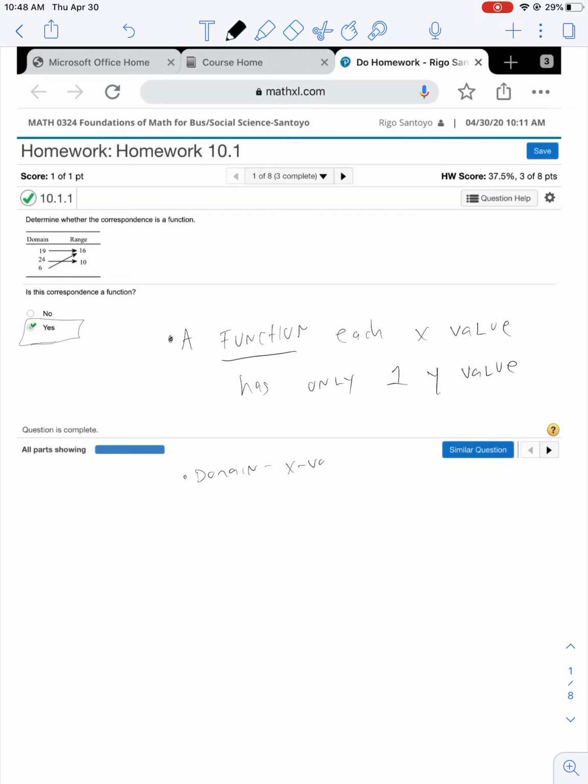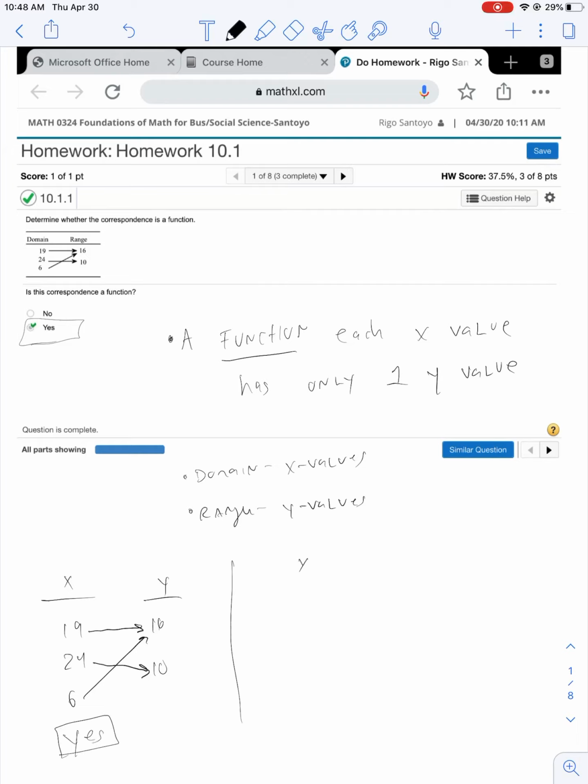Domain is x values. Range is y values. So here we have x, here we have y, we have 19, 24, 6, we have 16, 10. You see that this 19 has one y value. This 24 has one y value. And this 6 has one y value. So this is why, yes, it's a function.